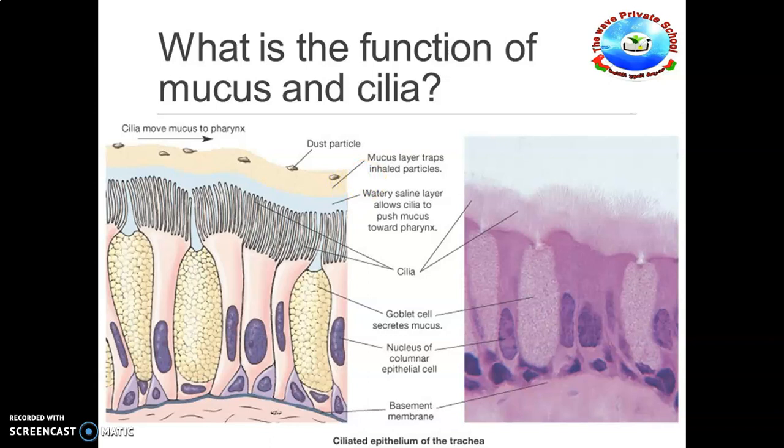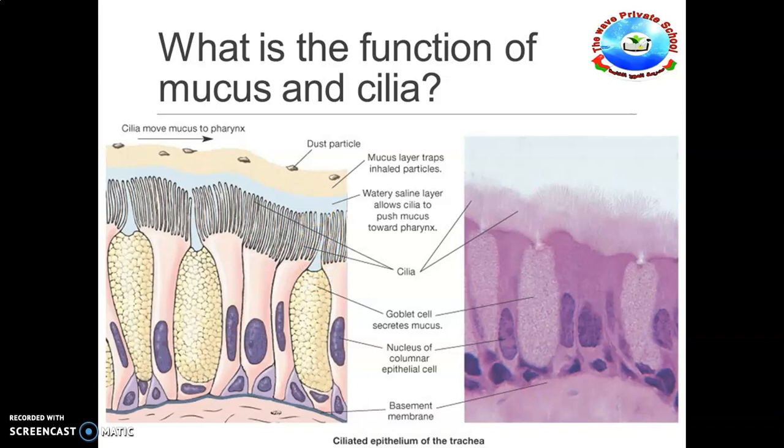The dust particles will be trapped by the mucus layer, and under that you can see the watery saline layer that allows cilia to push mucus towards the pharynx. This is the cilia. And here you can see goblet cells. These will secrete mucus like this. From these cells, the mucus comes to trap the finest dust particles.